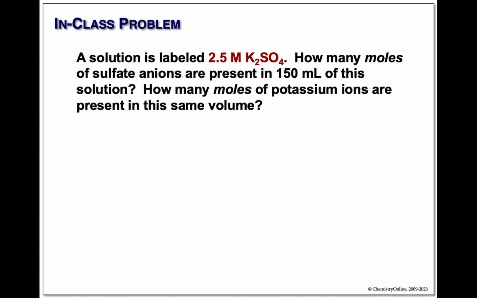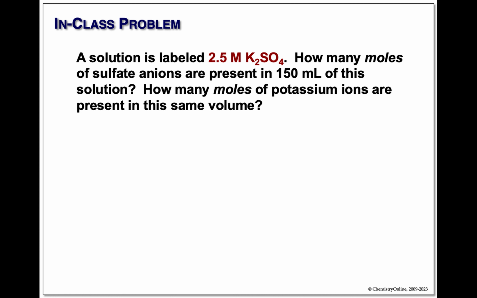When you take potassium sulfate and you dissolve it, what happens? Well, when we took sodium chloride and dissolved it, the sodiums went here, the chlorides went here, they're all mixed together. Here we have two potassiums, right? The question is, how many moles of potassium are there?